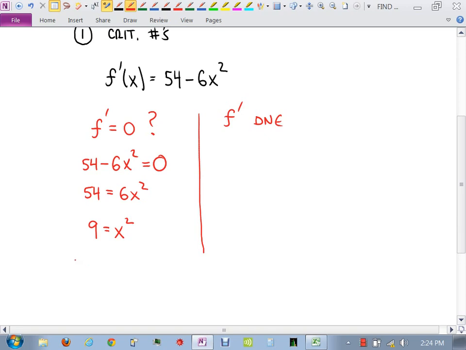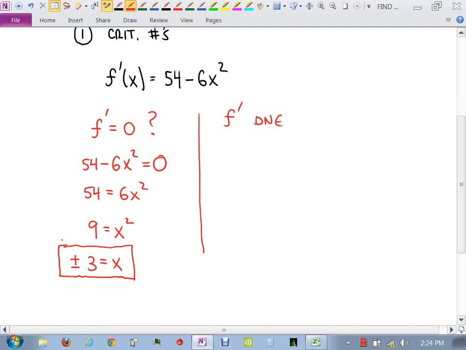Anytime you take the square root on both sides of an equation, you must do plus or minus, right? Because there are two numbers that you square to get 9: 3 and negative 3. So you have two answers there. So there are two potential places where I might possibly have the absolute max and min. It's when x is 3 or negative 3, maybe.